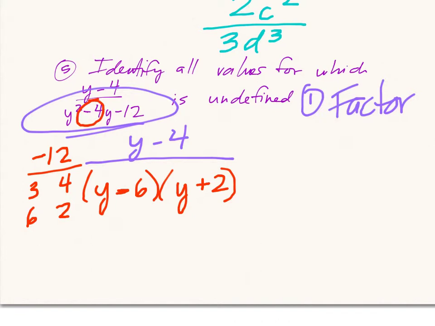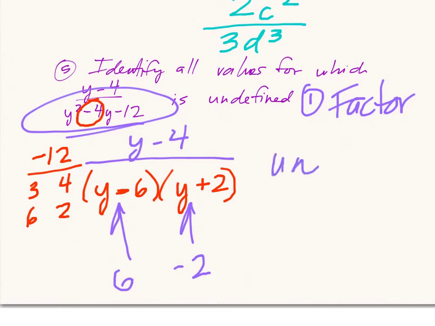Next question. Cancel? Is anything the same in this factored rational expression? Nope. But now we need to see what can make things 0. That's the undefined section of this question. If I plug a positive 6 into there, it would be 0. If I plug a negative 2 into there, it would be 0, which would make the whole denominator 0.